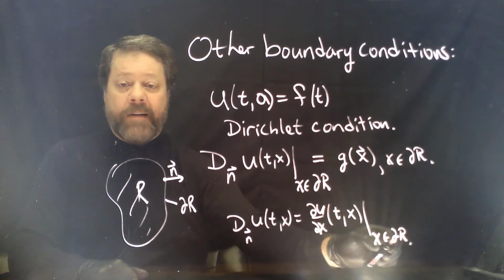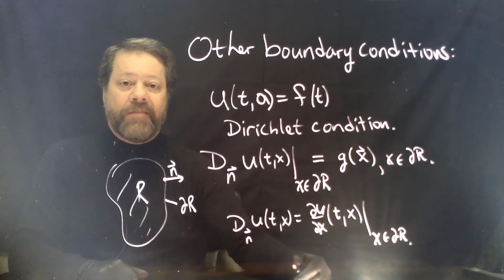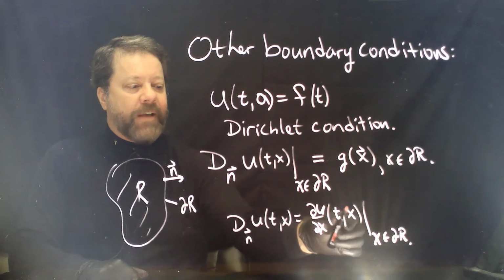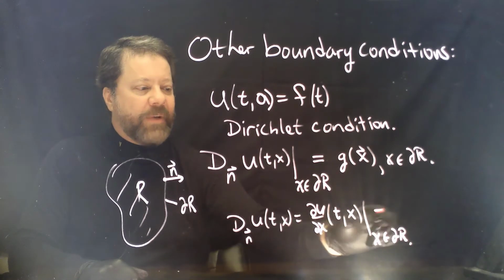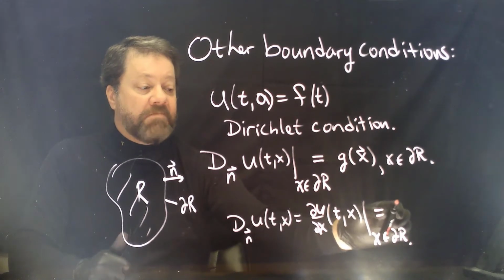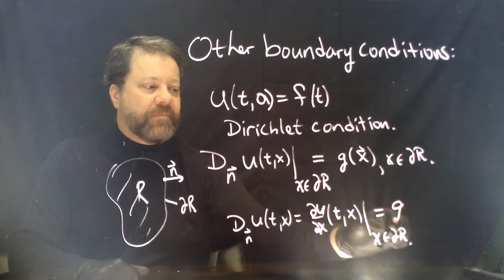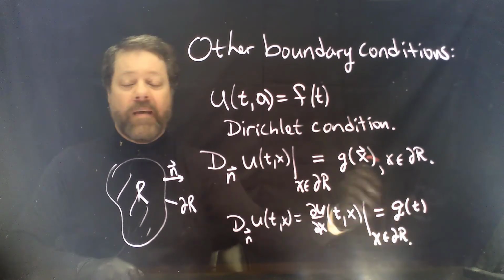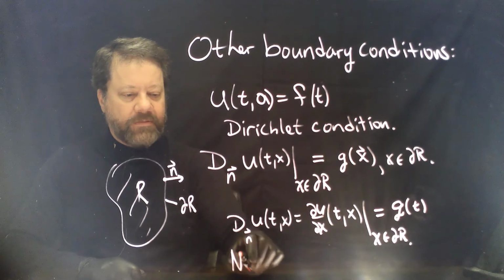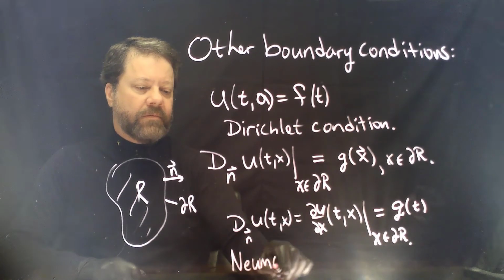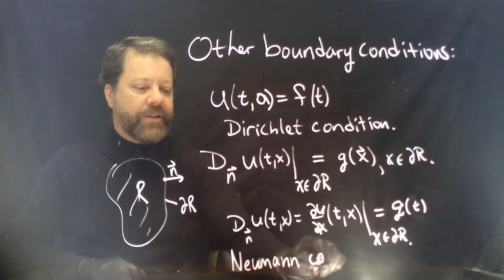And on the boundary of the region, it'll be one of the endpoints of the interval in question. So we'll evaluate the derivative in x at the endpoint, and we can specify that to be some function. That's called a Neumann boundary condition.